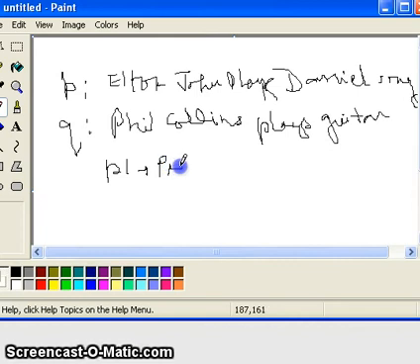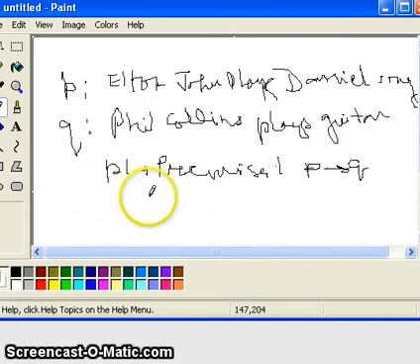You can represent this in symbols, which says Elton John plays Daniel's song, and Phil Collins will play the guitar.